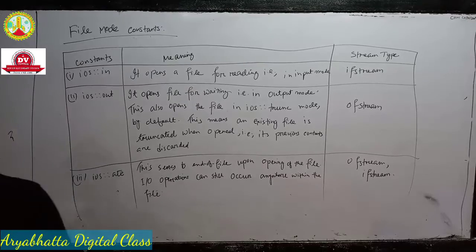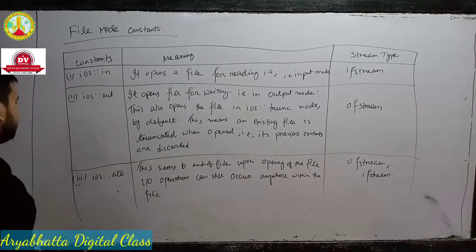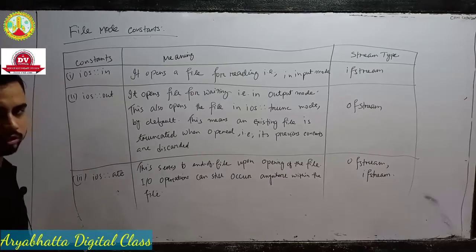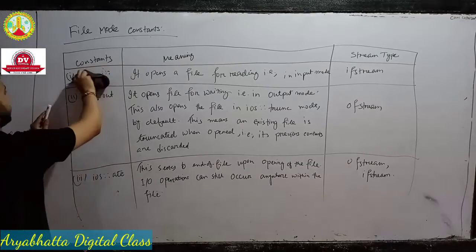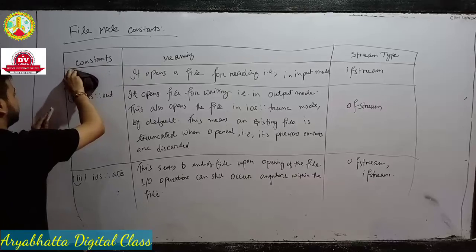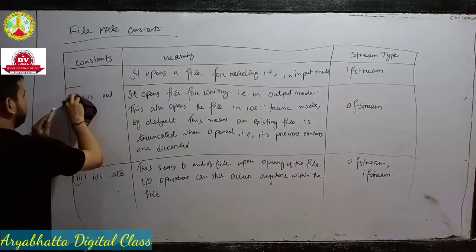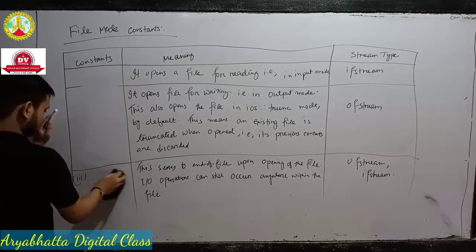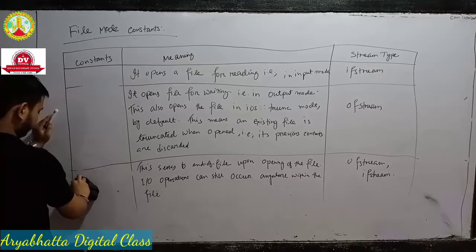Okay, you just continue in the table, you make a large table. There are 8 file mode constants. In exam, this frequently comes, which file mode meaning is what, for 1 or 2 marks, and sometimes differences come.